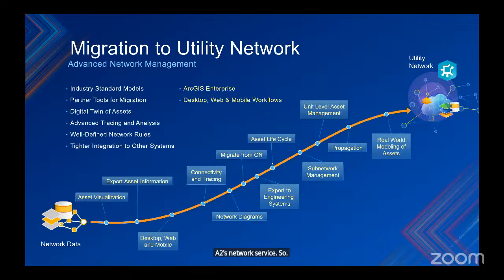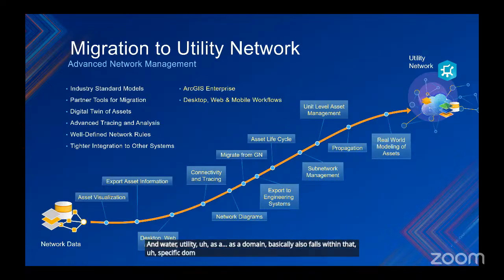So for you to be able to migrate into a water utility network data model, with Esri we've come up with industry-specific utility network data models that cut across different industries, and water utility as a domain falls within that.